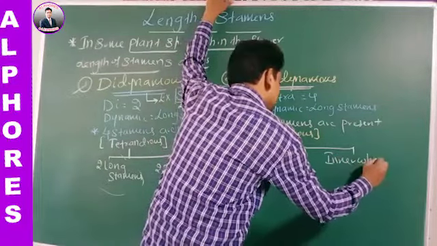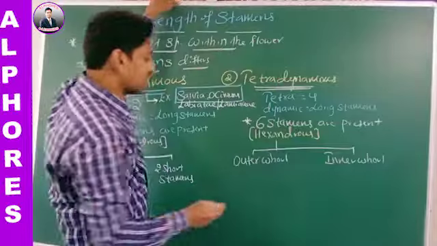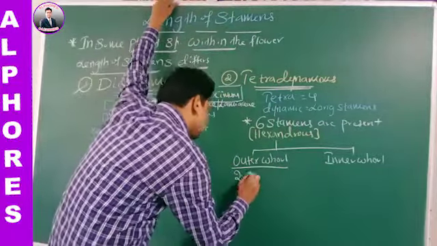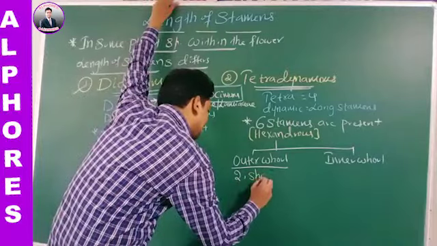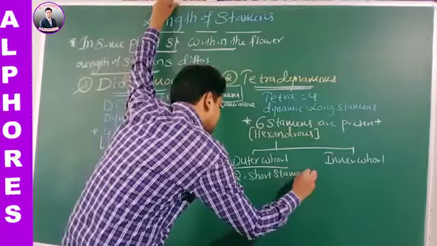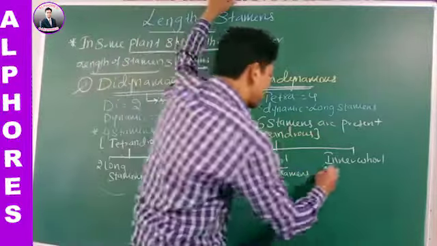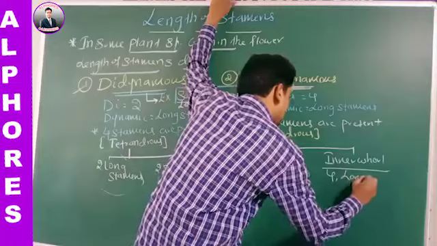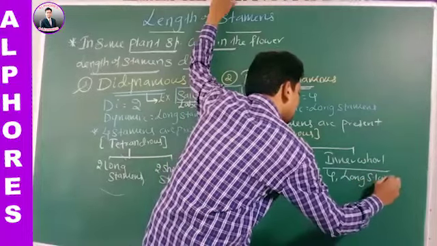It means the stamens are arranged in 2 whorls. The outer whorl has how many stamens? 2 stamens, and they are short. Whereas the inner whorl has how many stamens? 4, and they are long.